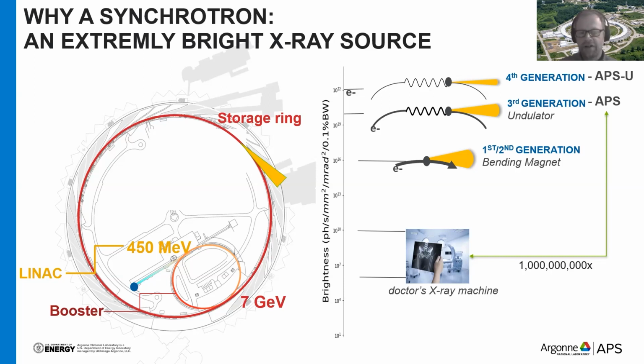If you compare the brightness of these X-rays with a doctor's X-ray machine, you get this factor of 1 billion or so that Dava mentioned, and that enables you to do things that are just completely impossible to do otherwise. And of course, we've got an upgrade plan, such as other synchrotrons are planning, that gives us another factor of up to 500. Next slide, please.